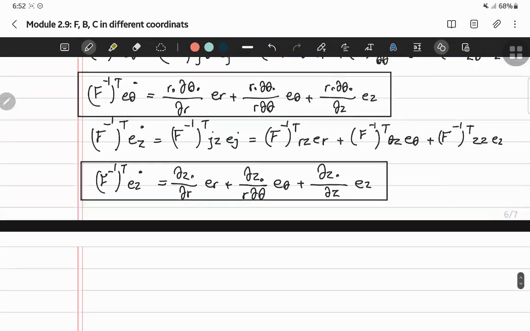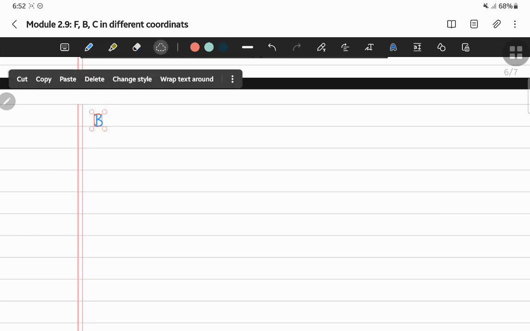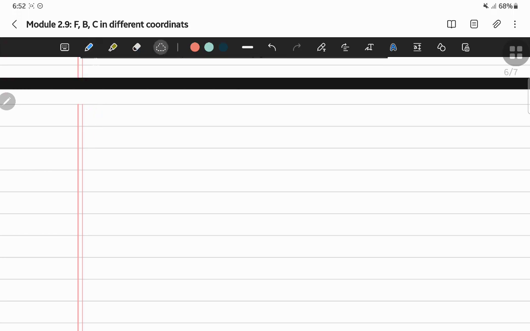So now we can simply calculate, for example, B inverse R theta.